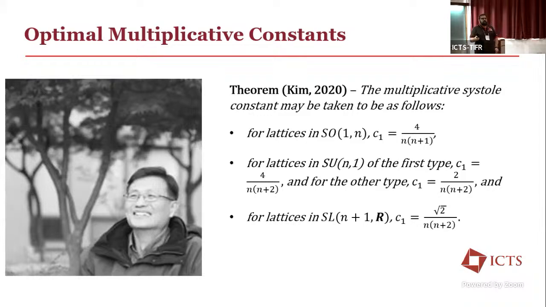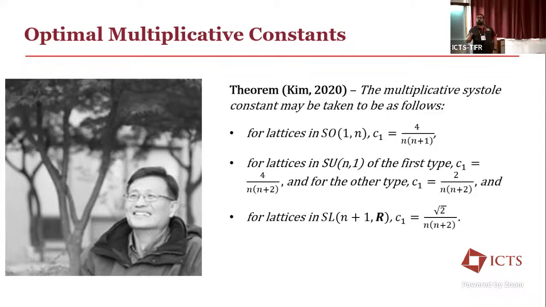But I said the optimal bound in SL2R is 4/3. And Kim even writes this at the end of his paper, and he says the problem is with the trace length bounds he's using; they're not as good for n equals 2 as they are in higher n. And so it isn't clear to me the extent to which any of these are optimal versus just very good multiplicative constants.